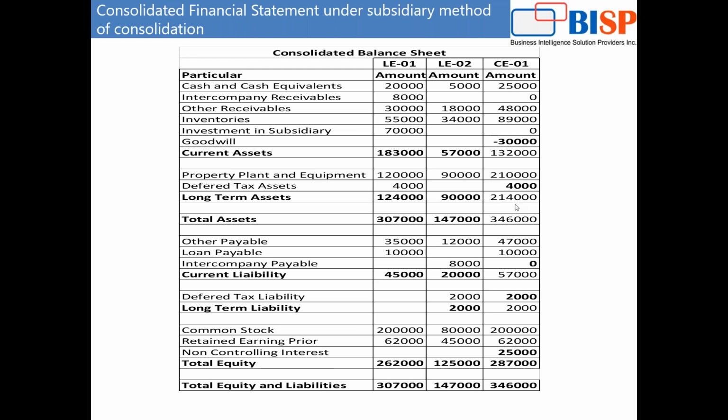So you can see that on the consolidated level, our total asset is 3,46,000, and our total liability and equity is also 3,46,000. So from the functional point of view, I hope we have understood how these numbers are coming to the consolidated level.